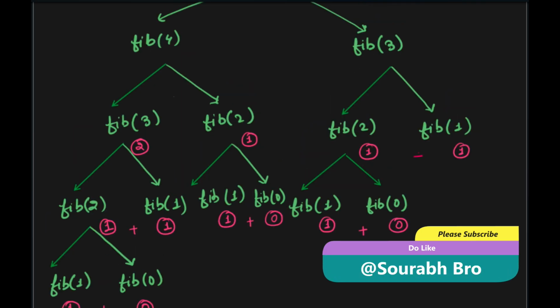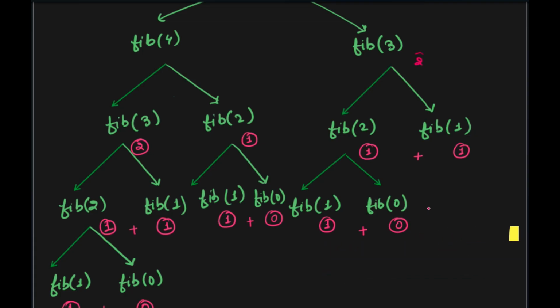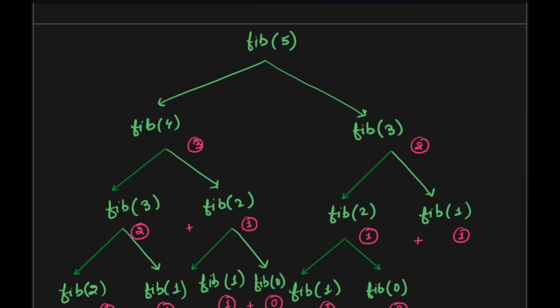Here we will return with the summation 2. Here we will return with the summation 3. Summation of these two. And in the root, when we are doing summation of these two, then we will return with 5.